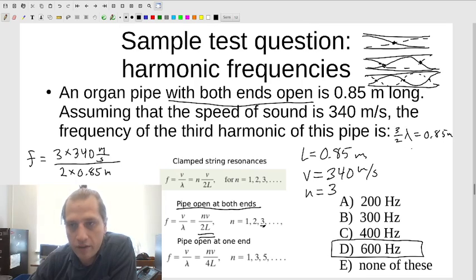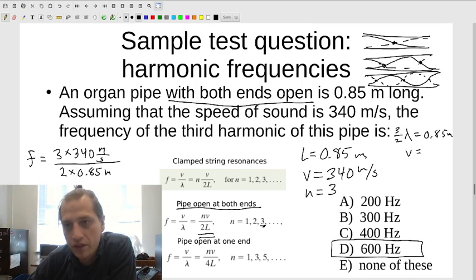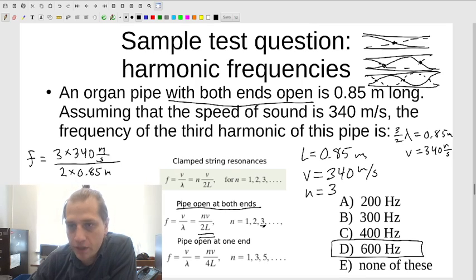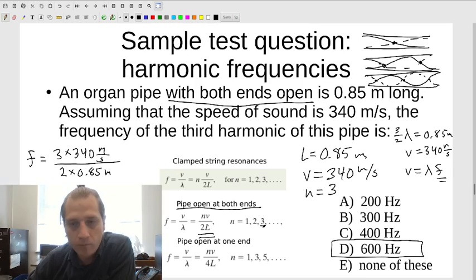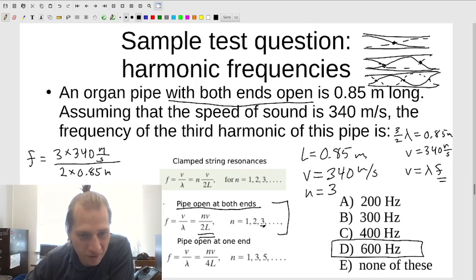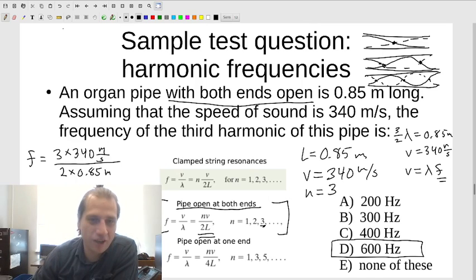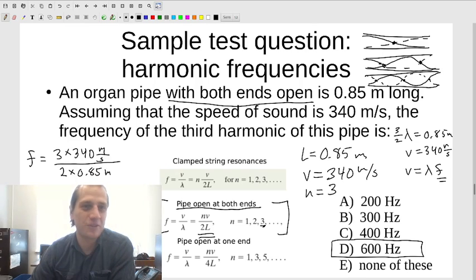So you find that, then you find that your v is 340 meters per second. So this gives you your wavelength, and you've got your v, and then you can just solve it using v equals wavelength times frequency. Solve for frequency. So that's the way I would do it. But I know that some people at test time will enjoy having the crutch of these equations as well.